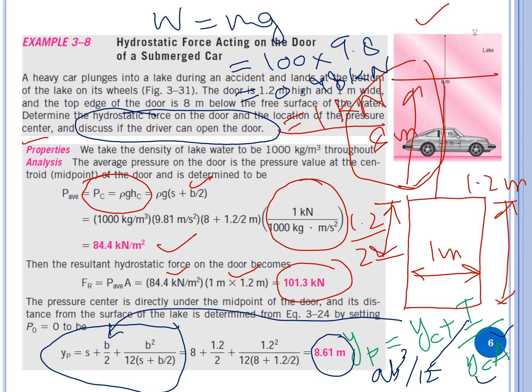A strong person can lift 100 kilograms, or can apply a force of 1 kilonewton. On the other hand, the hydrostatic force being exerted on the door is 101.3 kilonewtons. It is almost 100 times higher than the force that a strong person can apply. So a driver won't be able to open the door.